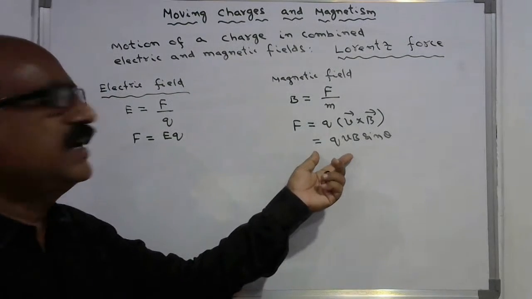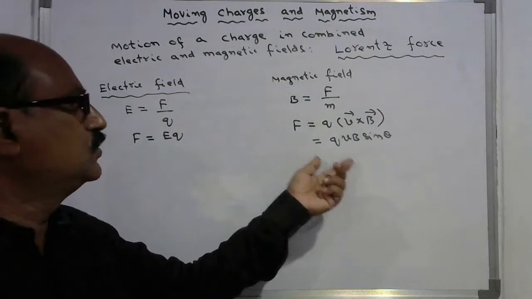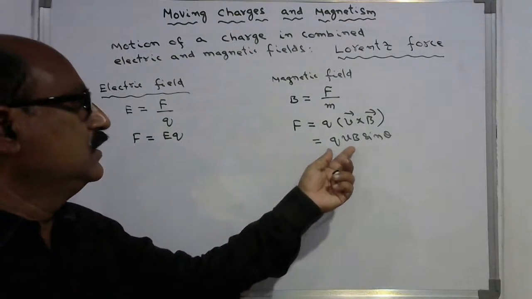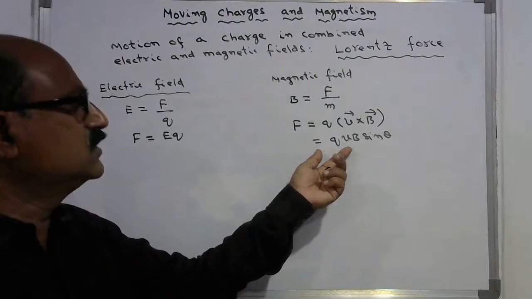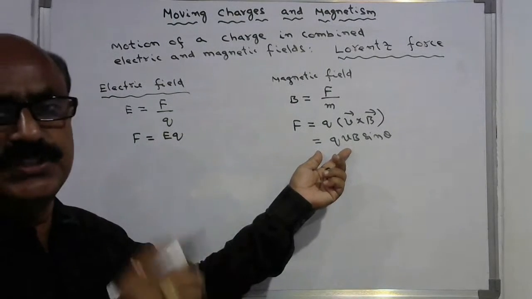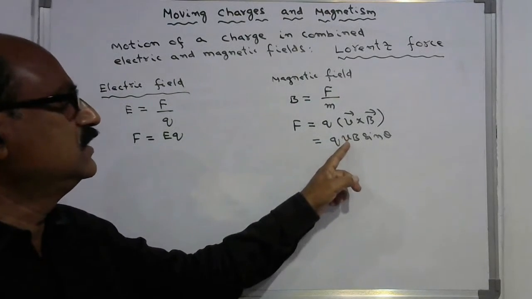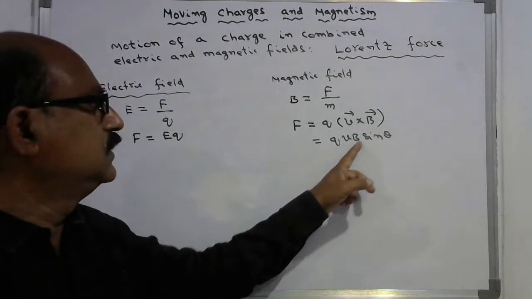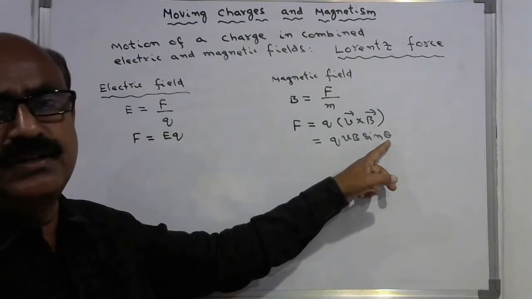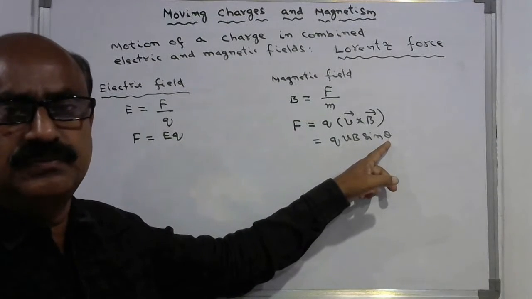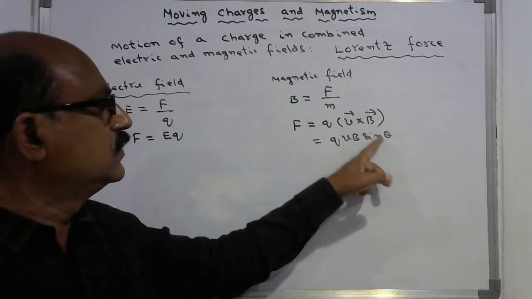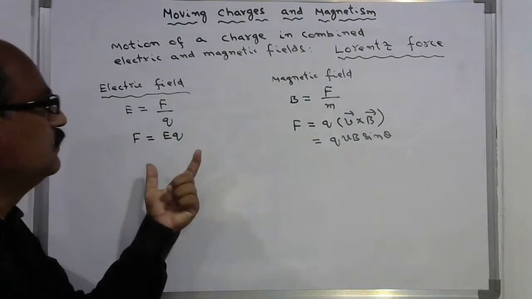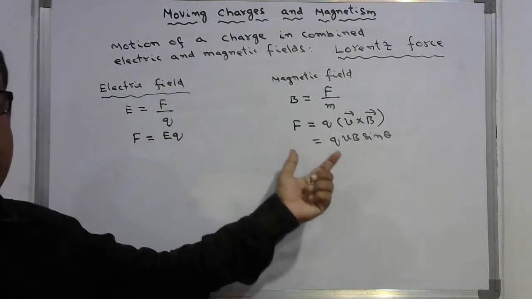Whereas in the case of magnetic field, the force is exerted only when the charge is in motion, since it has to have some value of velocity. And it also depends on the angle. So these are the main differences between electric field and magnetic field.